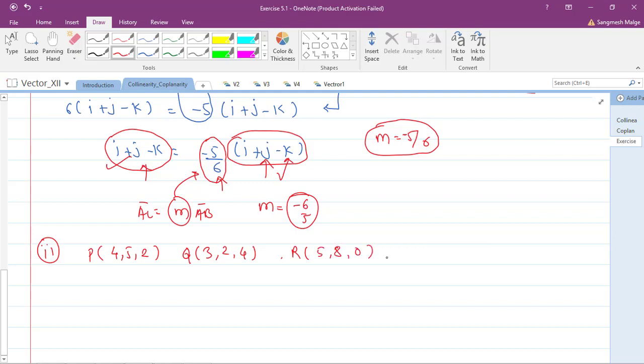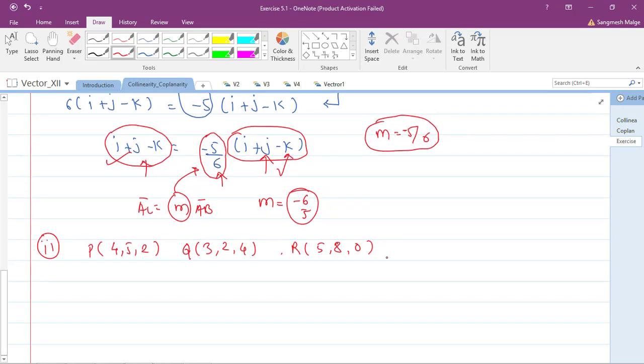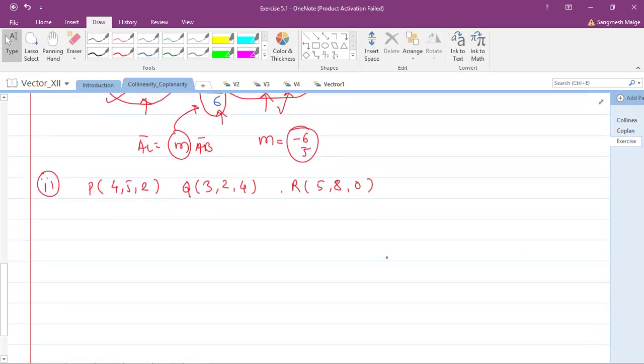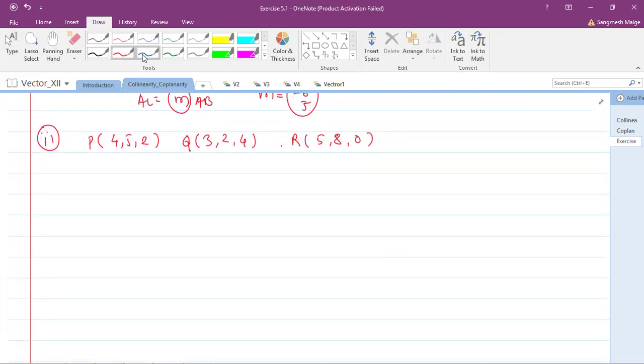So same thing, अभी वहाँ पे ABC दिया था, यहाँ पे PQR दिया है. क्या करना है फिर अभी? फर्स्ट ऑफ ऑल फाइंड आउट द पोजीशन वेक्टर्स. P bar is equal to 4i plus 5j plus 2k. Q bar is equal to 3i plus 2j plus 4k. And R bar is equal to 5i plus 8j plus 0k.